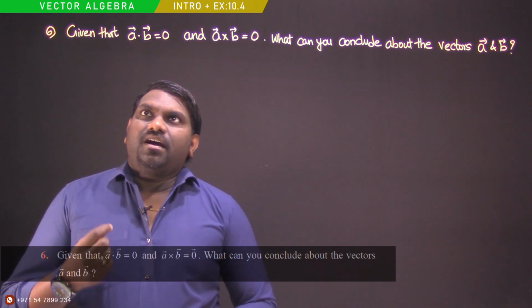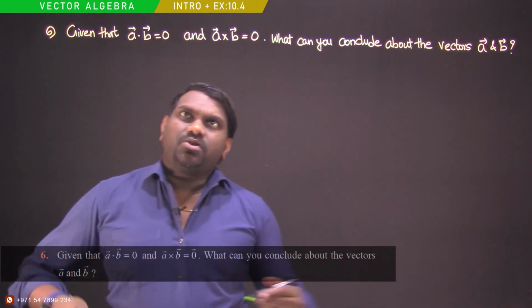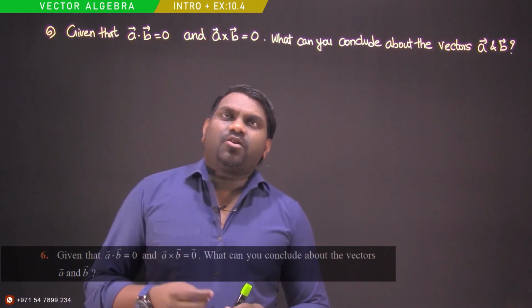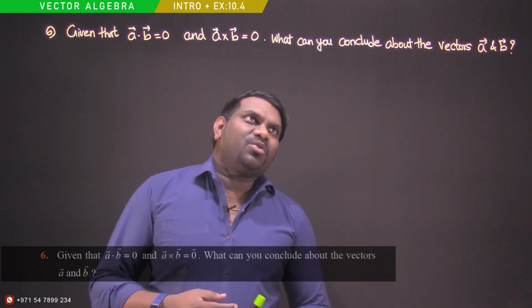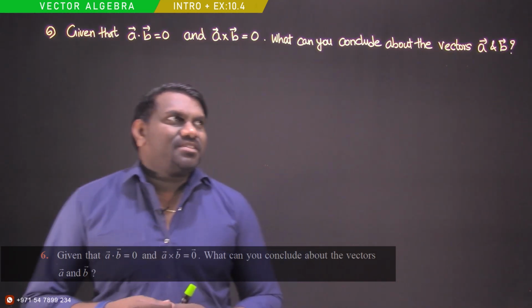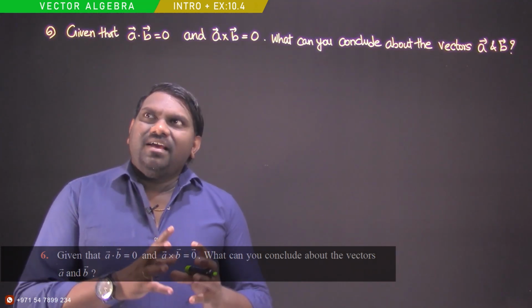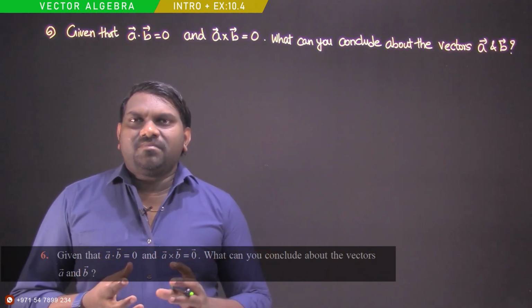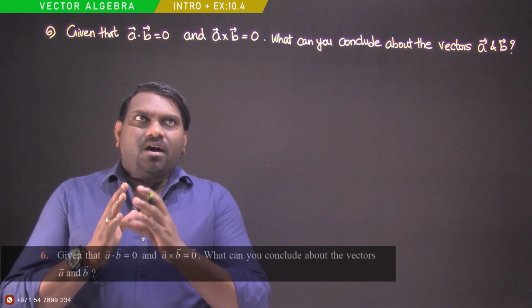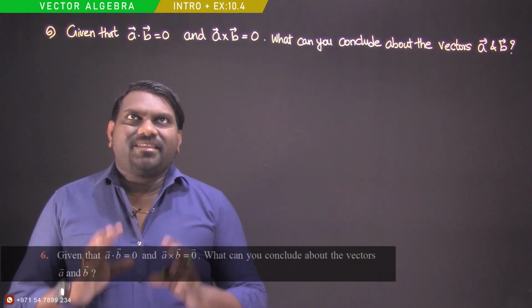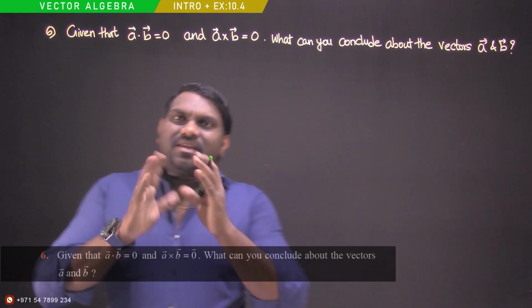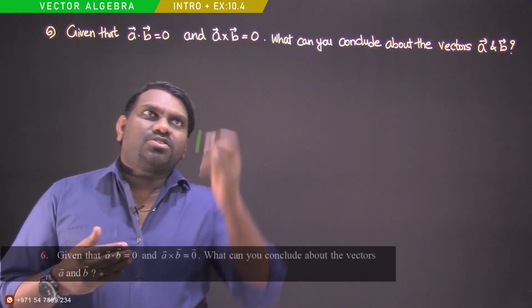Given that vector A dot vector B is equal to 0 and A cross B is equal to 0, what do you conclude about these vectors A and B? Basically we just need to see the different conditions of these two.